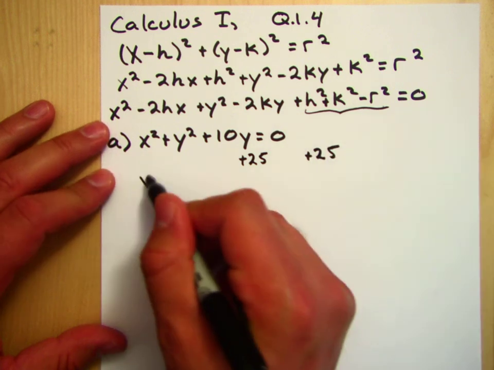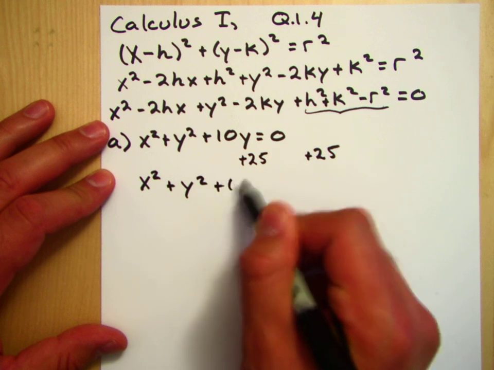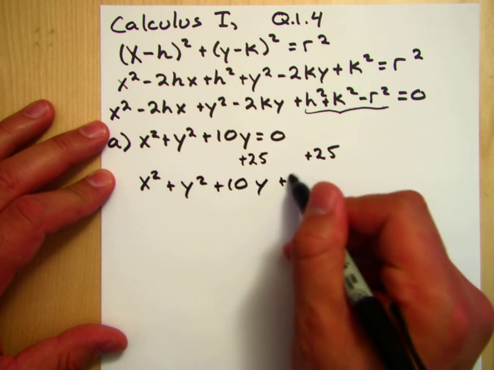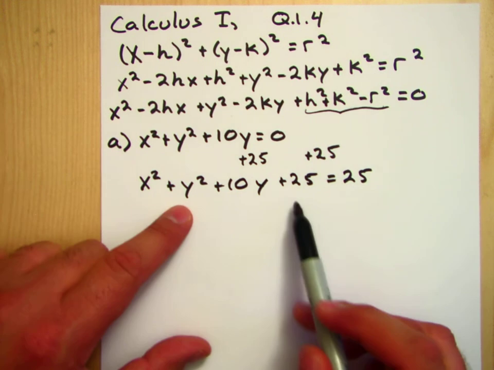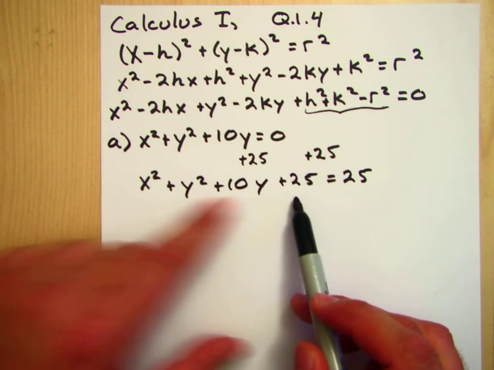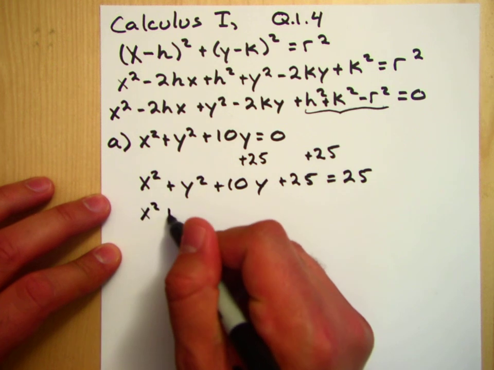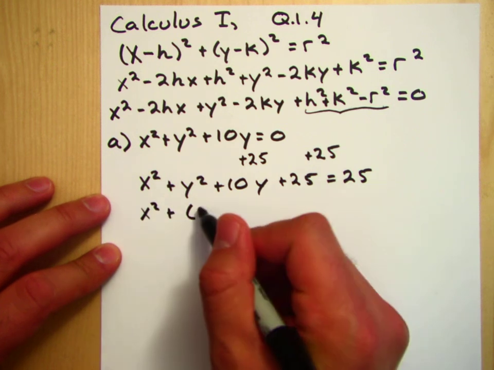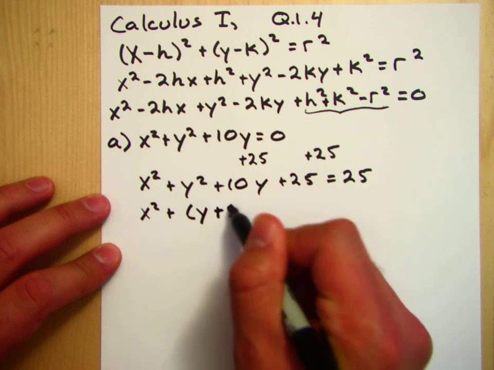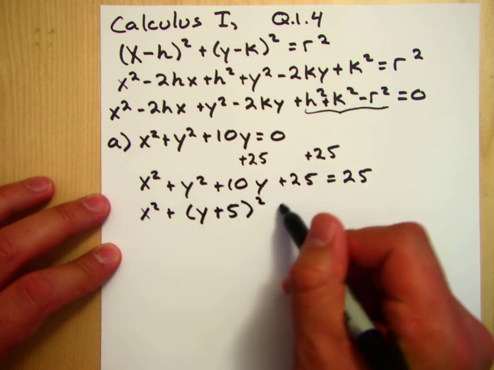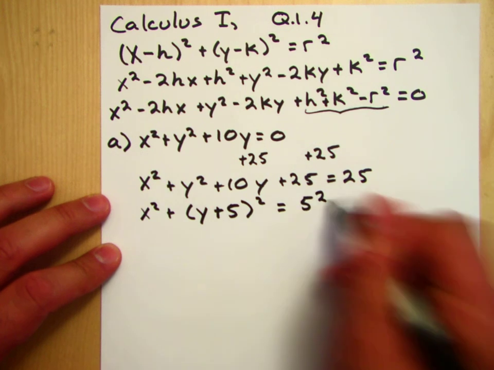So this becomes x squared plus y squared plus 10y plus 25 equals 25. And I can see right here the y terms, y squared plus 10y plus 25. That simplifies to y plus 5 quantity squared is equal to, and then the 25 over here is 5 squared.